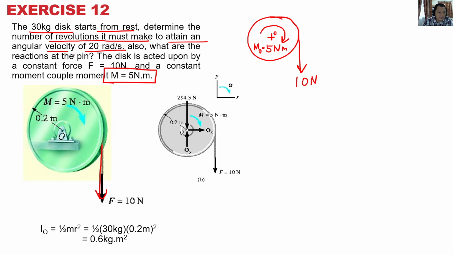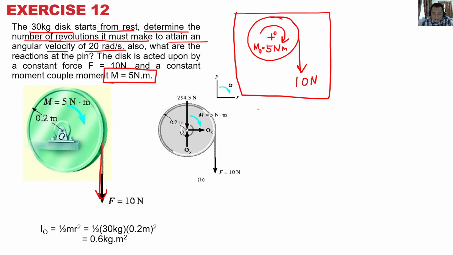It is asking us how many revolutions it must make in order to get 20 radian per second. Is it so hard to do? Just use one formula: summation of moment is equal to I alpha, obviously.